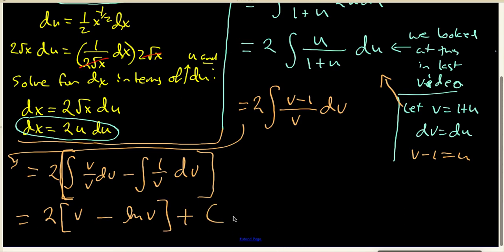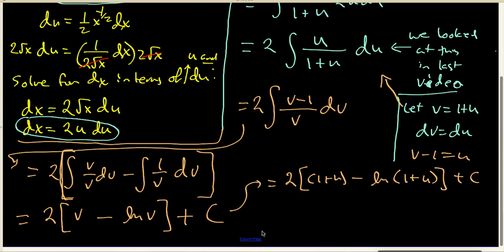And now it's just a matter of back substituting, and let me go through that fairly carefully. v is equal to 1 plus u. So what I've got at this point is 2 times 1 plus u minus the log of 1 plus u, plus any constant that I want to add.